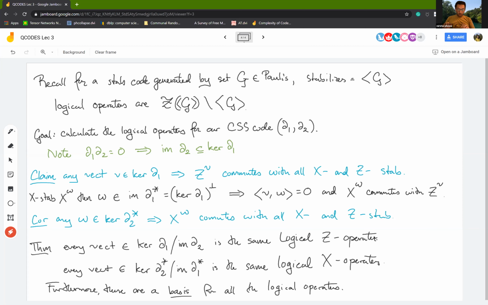Now I want to show that if I take that kernel modulo the image of delta 2, I get the same logical operator. So how do I show that? Let's go to the next page.